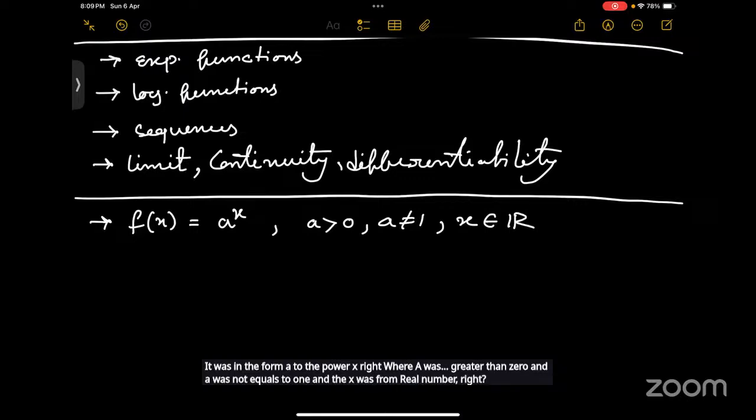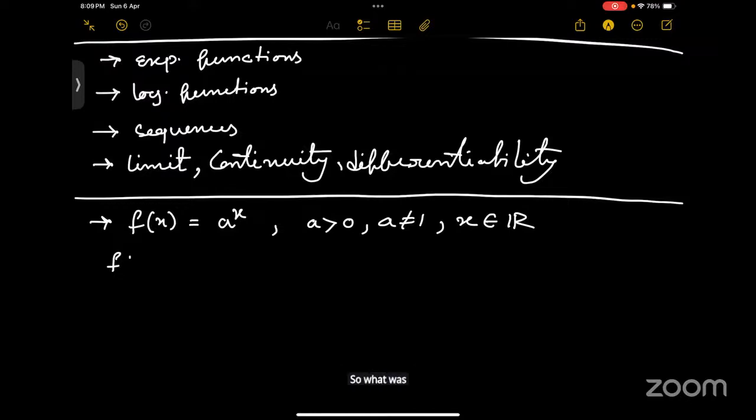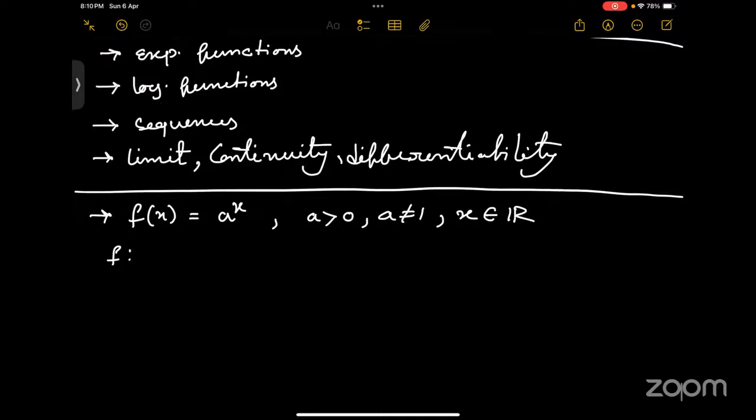So what was the domain and codomain of the exponential function? The real number, right? Maps reals to reals. Reals to what is the range? 0 to infinity.